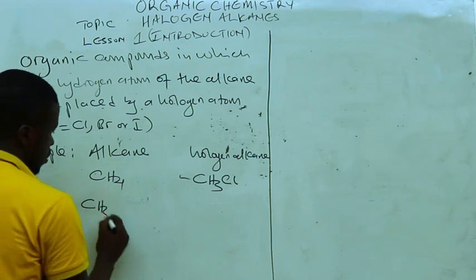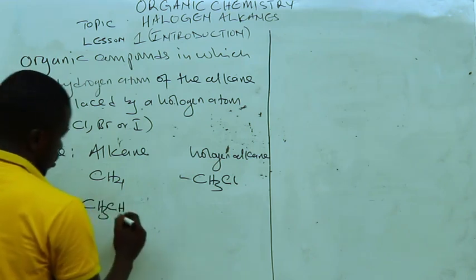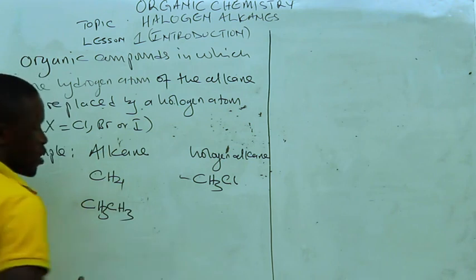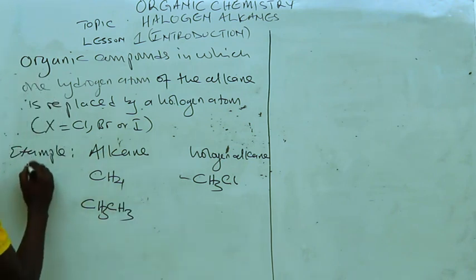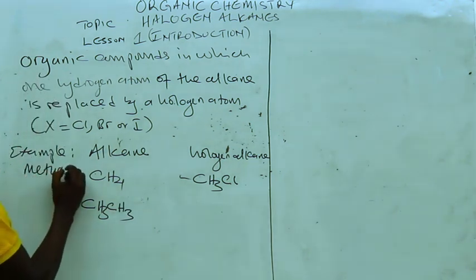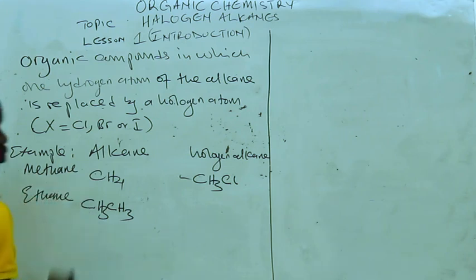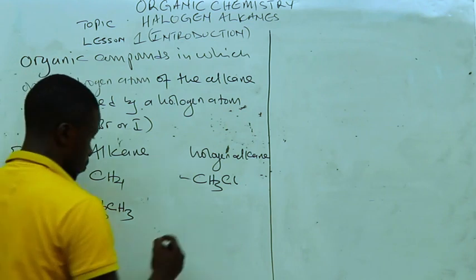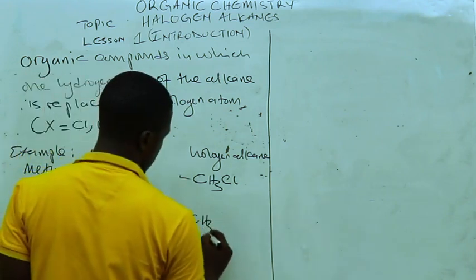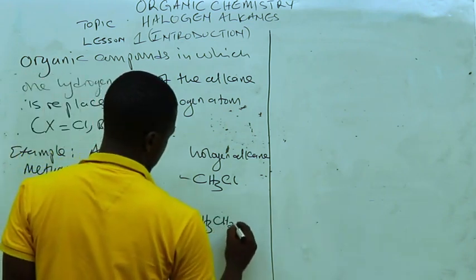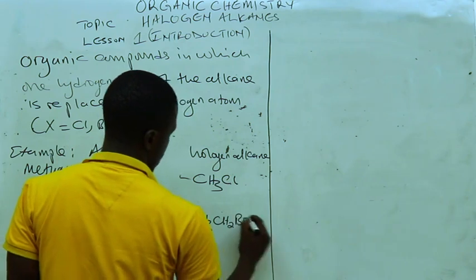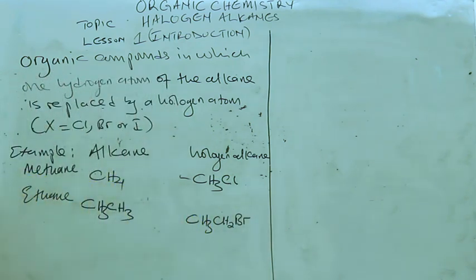This is CH3Cl. Then this is ethane, where one of the hydrogen atoms is substituted, and so you remain with CH2Br. This is the halogen alkane.